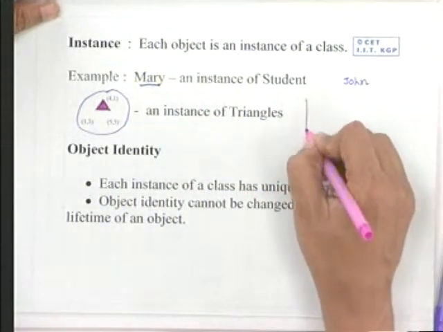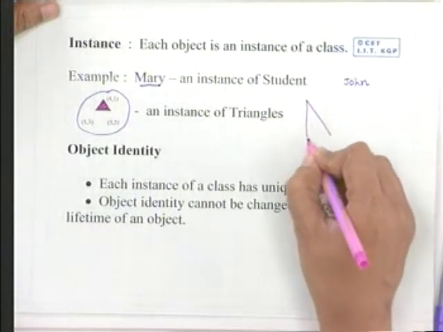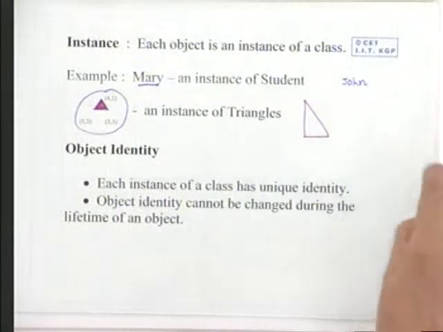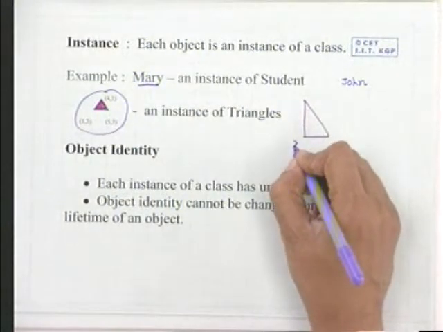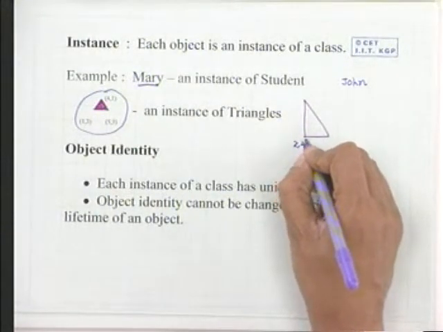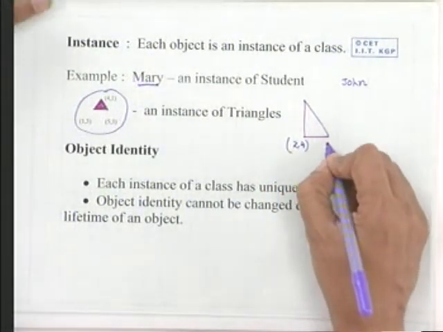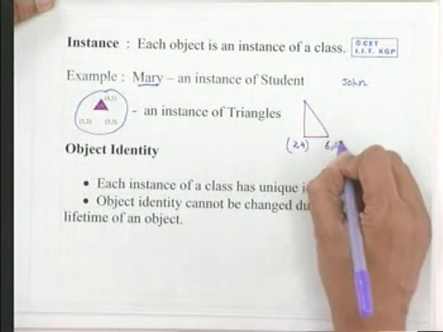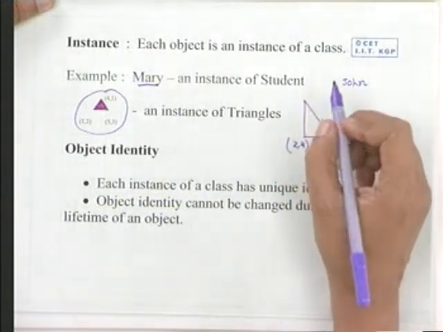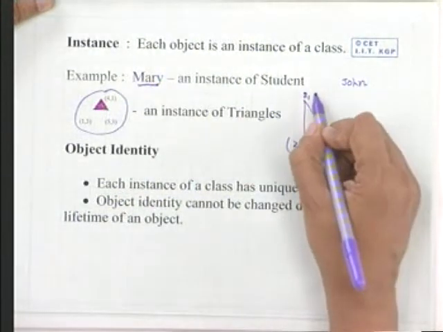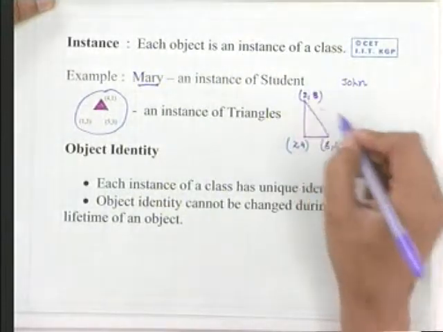Similarly, we can have a triangle like this with coordinates, say, 2, 4, 6, 4, and 2, something like 8, which may not be correct.